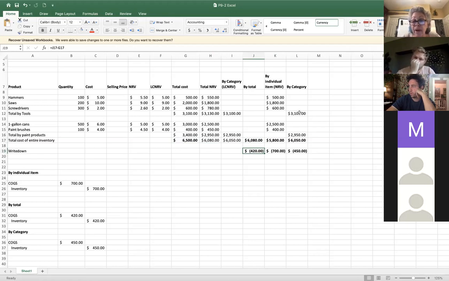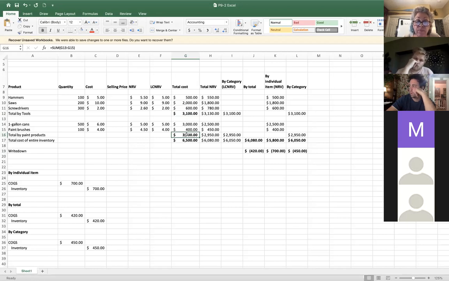Now, if I do it by category, you see that I just summed up my cost by the 3 items in the first category and got 3,100. And then I summed up the cost by the second category and got 3,400.